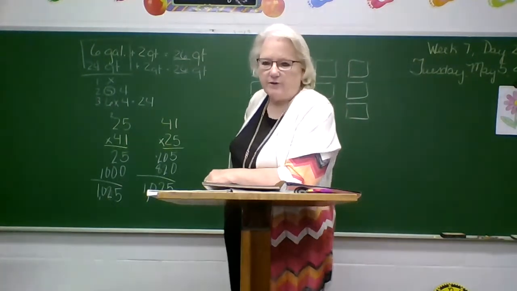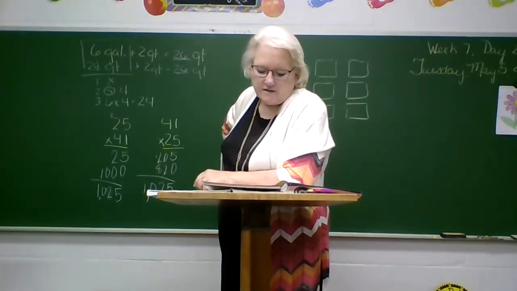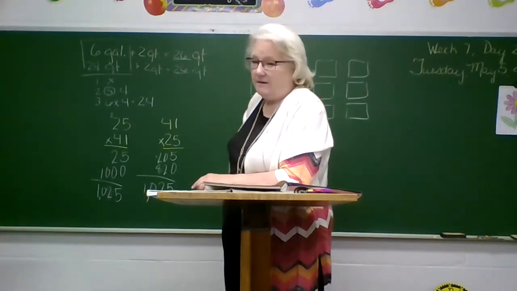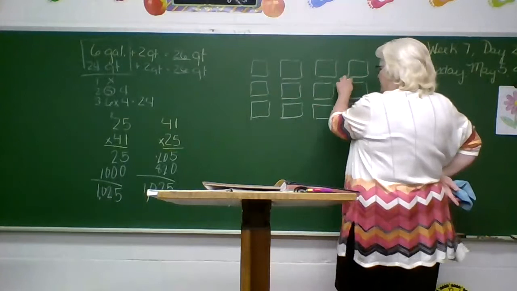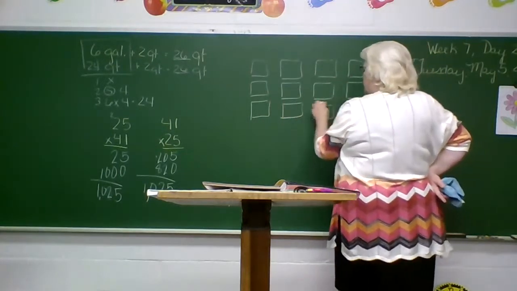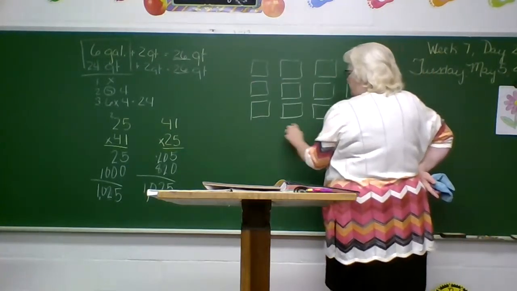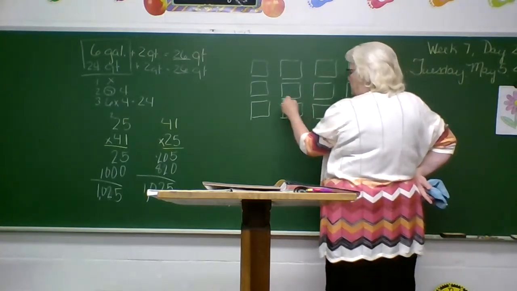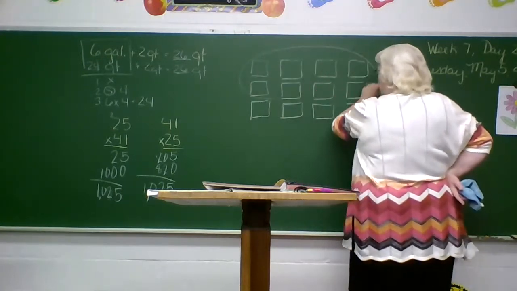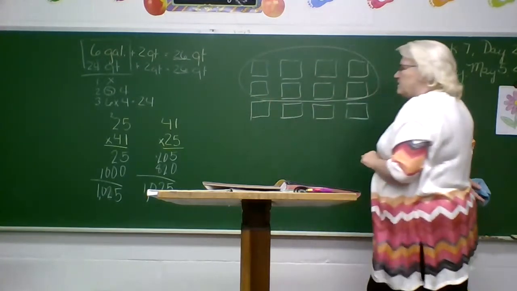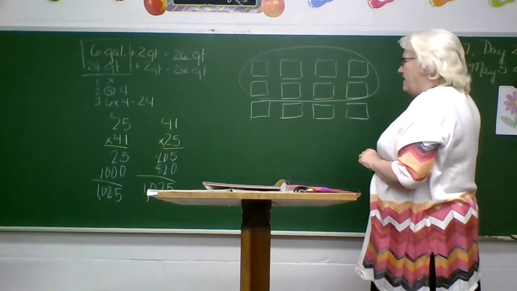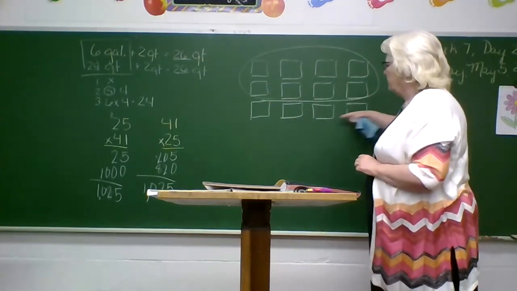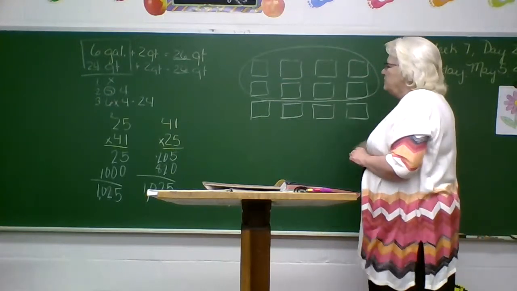They want 2/3 of this circle. 2/3. Now that means we have to divide it into 3 groups. And if I'm looking at this, this row could be a group, this row could be a group, and this row could be a group, right? That would be 3 groups, and they each have 4 in it. They want 2 groups circled. So I would circle 8 of them. That would be 2/3. 3 groups. 1, 2, 3, and 2 groups circled, 2/3.